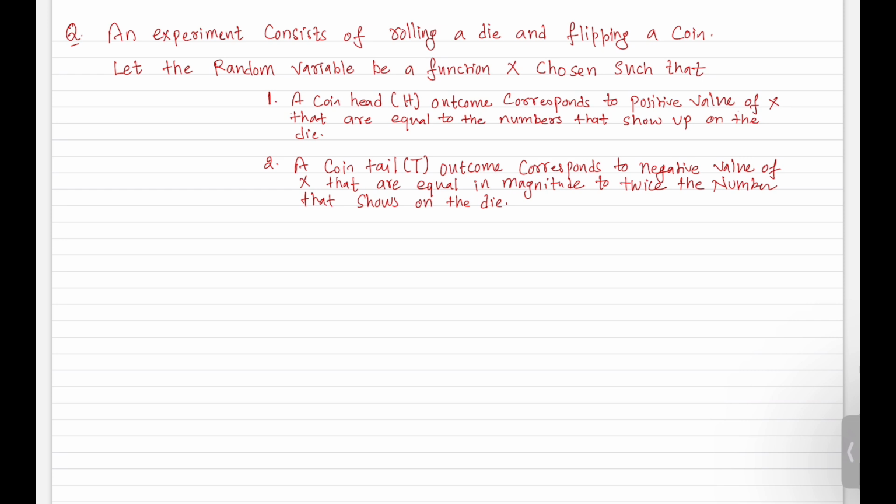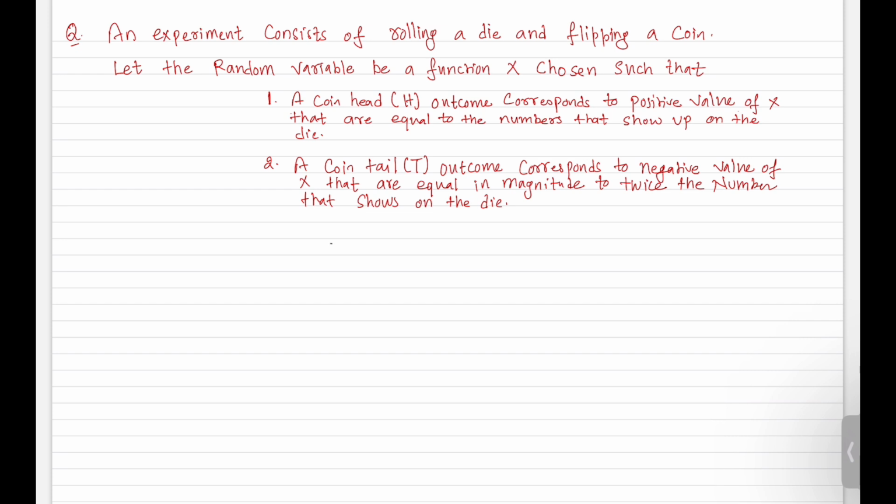We will go one by one and try to understand what we went through in the last video. What's the experiment we are doing? We are rolling a die and flipping a coin. If I ask you what all the possible outcomes, or the sample space, are for this experiment, you should be able to list all those outcomes. What will be the sample space?